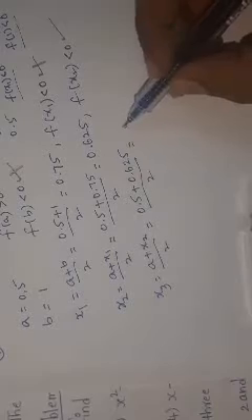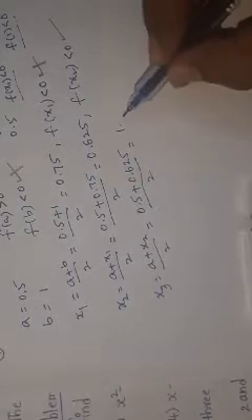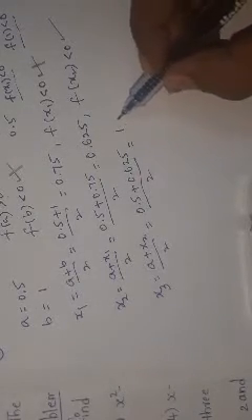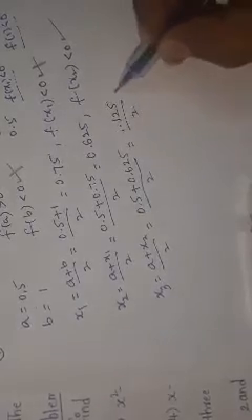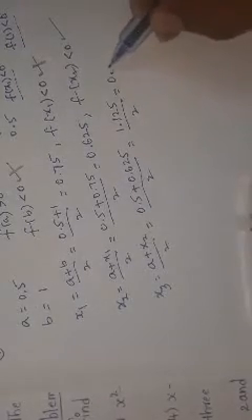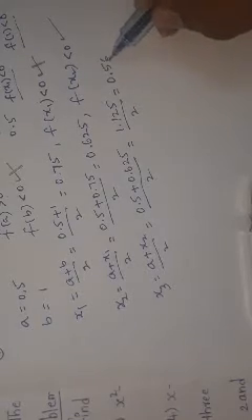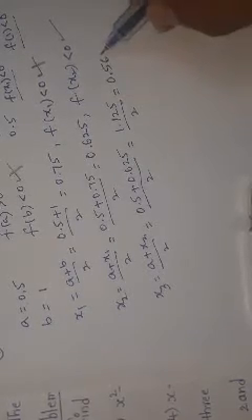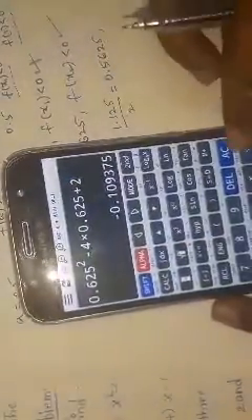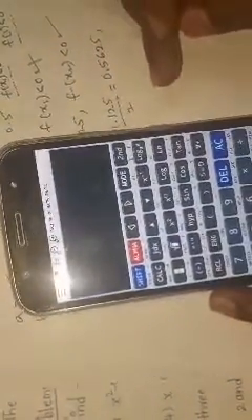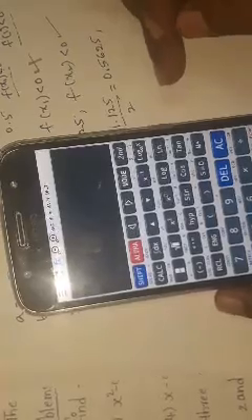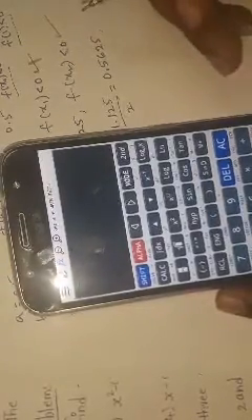So that means 1.125 by 2, which is equal to 0.5625.